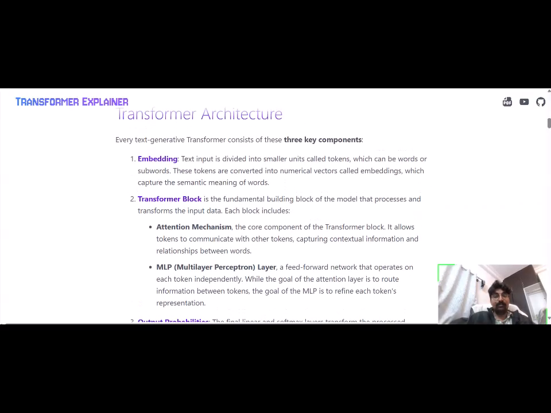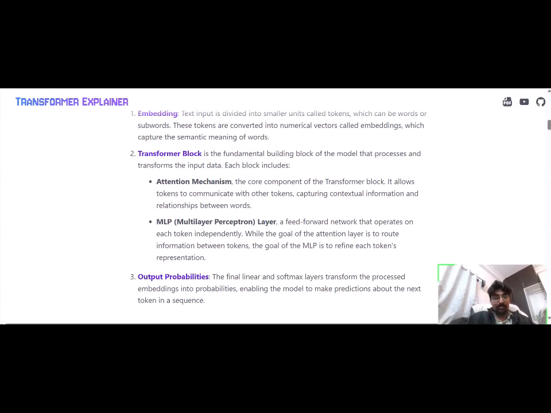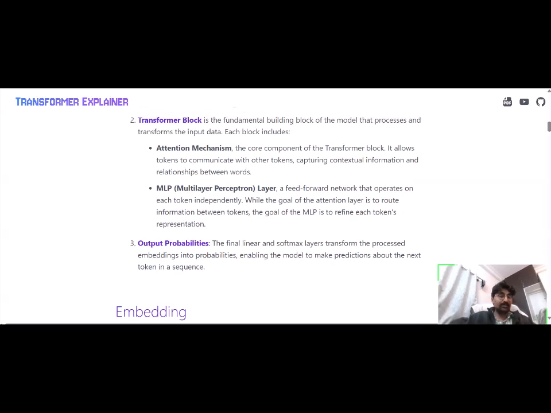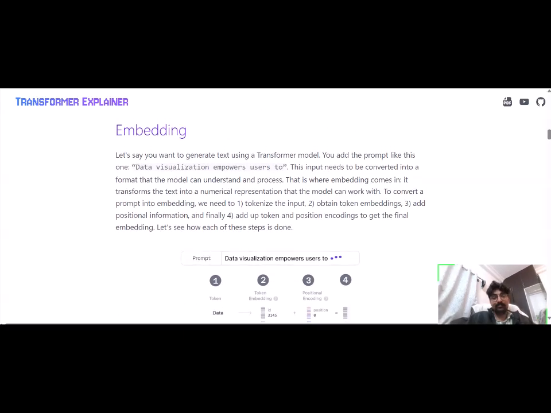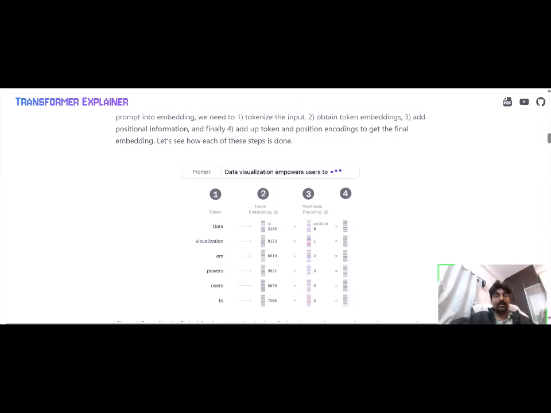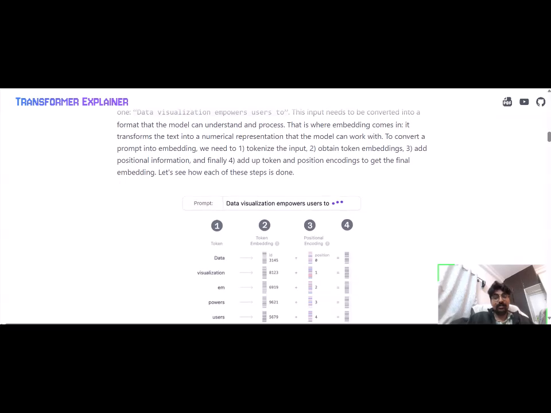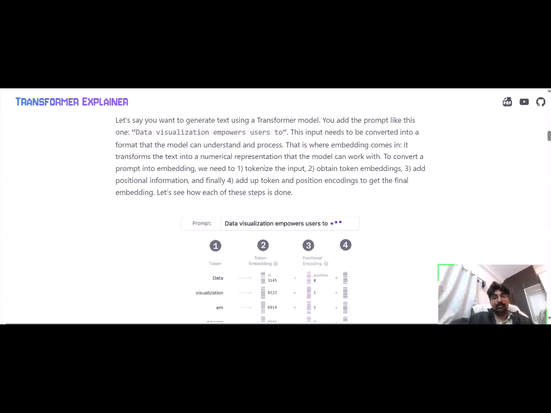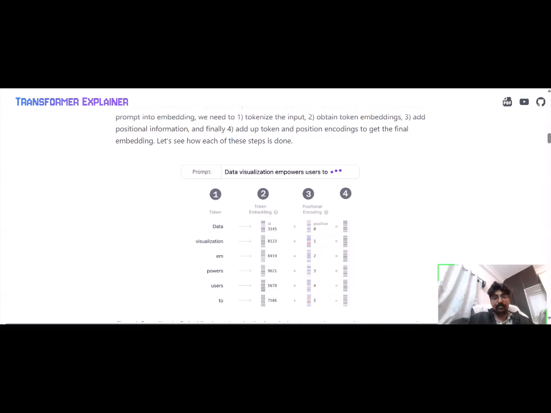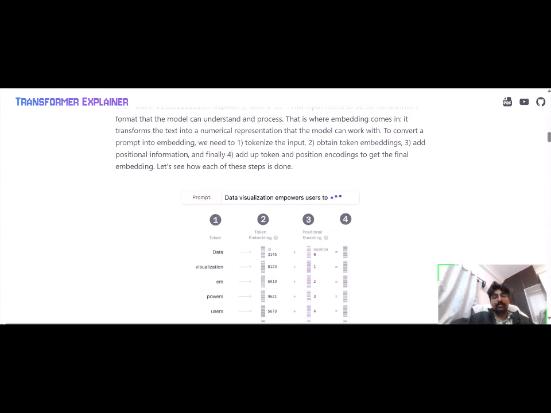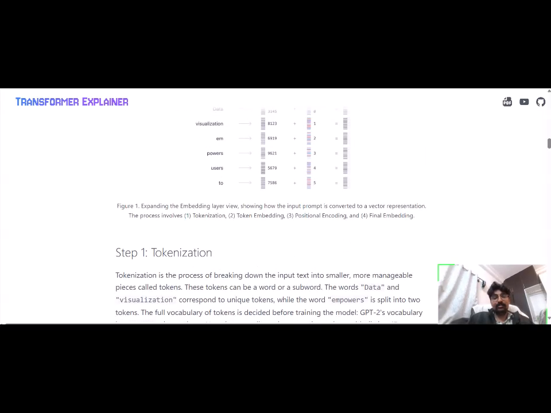I will go through all these transformer architecture parts one by one, step by step. First, we'll go to embedding. In embedding, there are four steps. In step one, for example, we give the input text: data visualizations empower the user to.